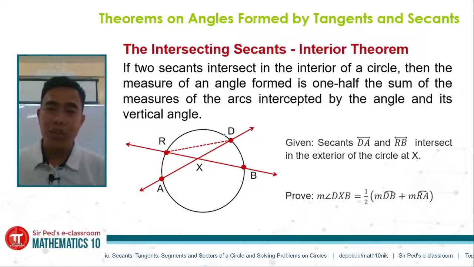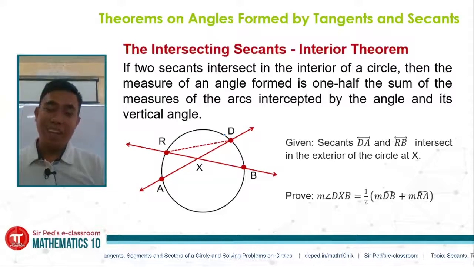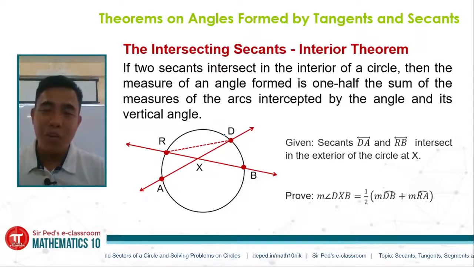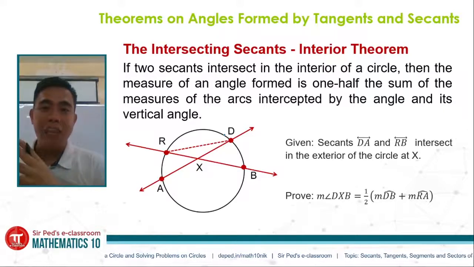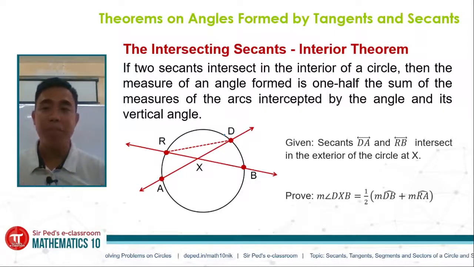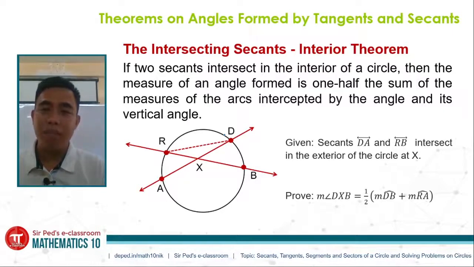And the last theorem, medyo inhale, exhale. The last theorem is the intersecting secants interior theorem. Earlier, they were all exterior, with 1/2 the positive difference of the intercepted arcs. Now, two secants intersecting in the interior of the circle.